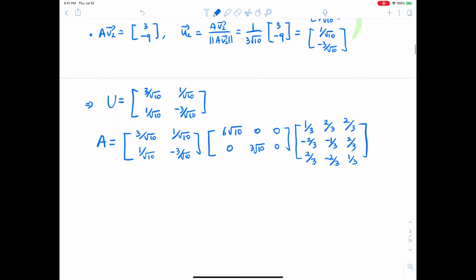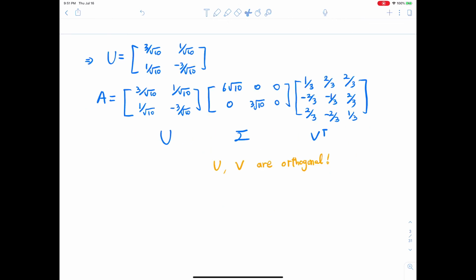And this way we can decompose A into U, sigma, and V transpose, where U and V are orthogonal matrices. Please check by yourself that if you calculate U sigma V transpose, it will restore your original matrix A.